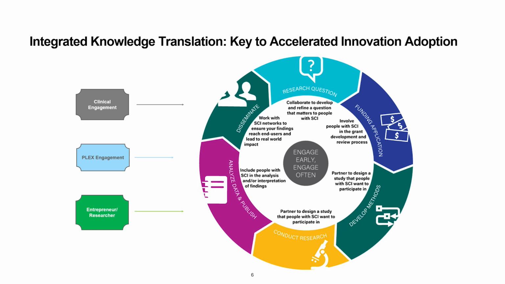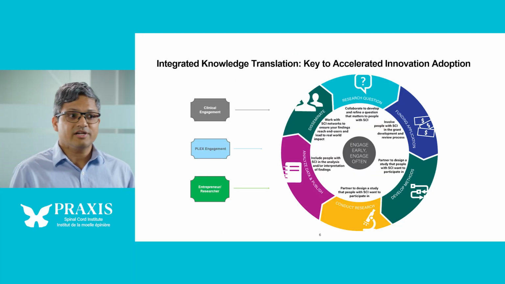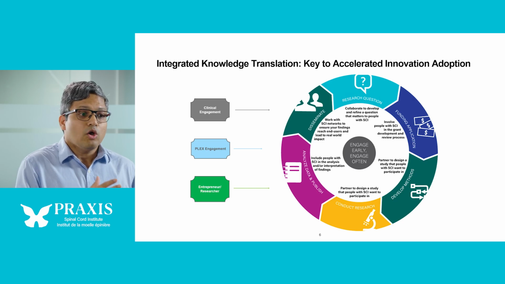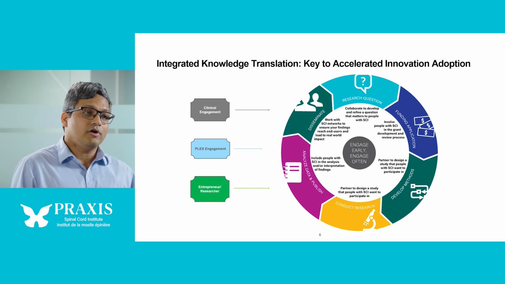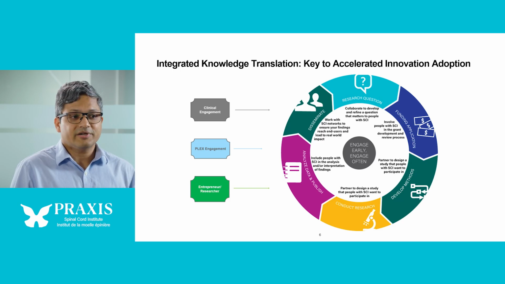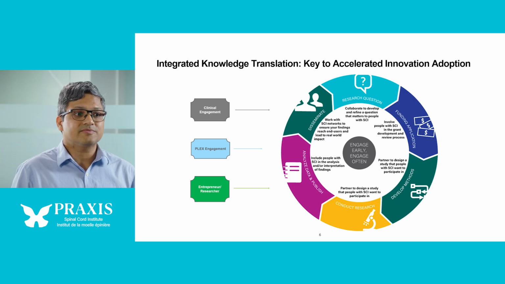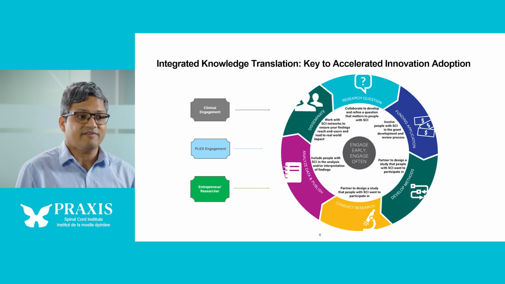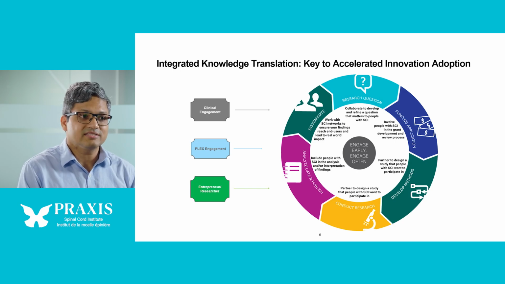And then once you have performed your research and have received the data, make sure that people with spinal cord injury are included in the analysis and interpretation of the findings. Because you can develop a model or create your own interpretation of the findings, but it is the people living with spinal cord injury who would be the experts in actually interpreting those findings to make sure that it is meeting their needs.